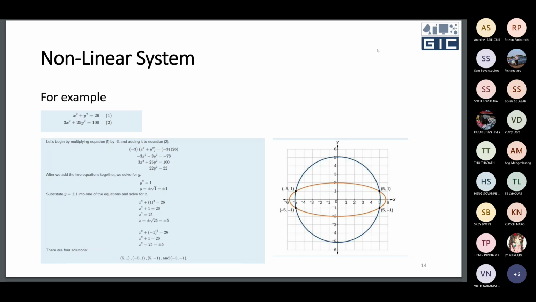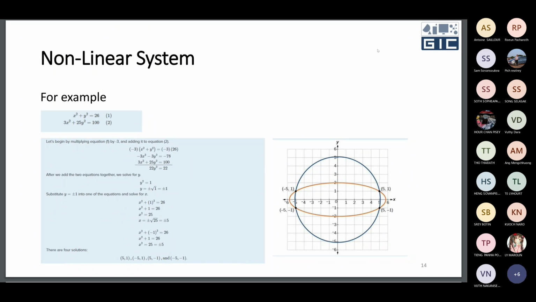When y equals 5, your x can be -1 and 1. When your x equals -5, your solution can be -1 and 1. So you will get 4 different solutions. And I take those points to construct my graph. As you see, the circle is for the first equation.